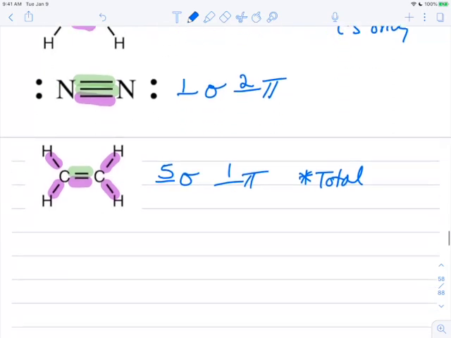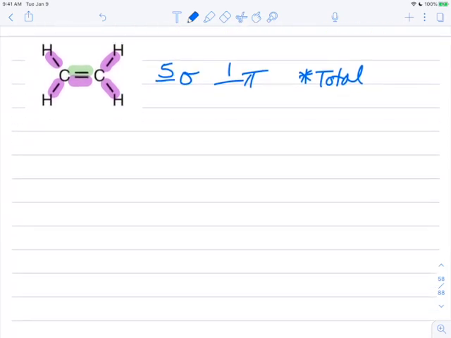All right, just for fun, let's do another one where we have a big molecule and we're going to count everything up. I say just for fun because I think this is a lot of fun, but I apologize for those of you who are sitting there like, oh my god, another one? These are horrible. Hopefully they're not too horrible. All right. So I'm going to draw this out, and at the end I'm going to ask you to try to figure out how many sigma and how many pi.